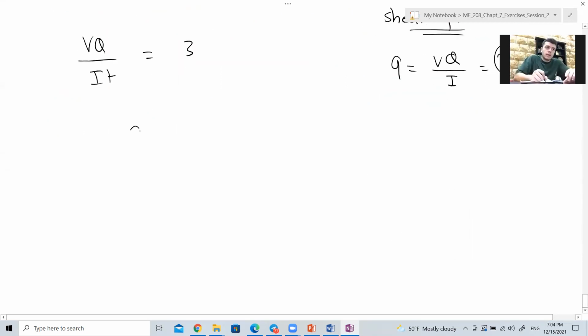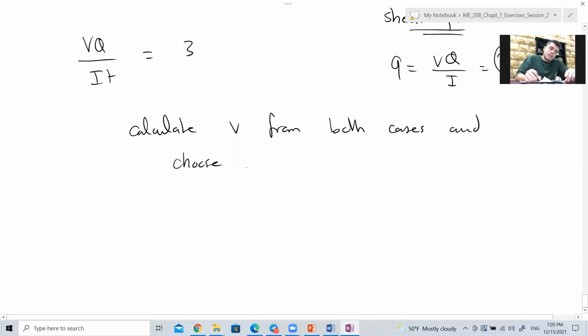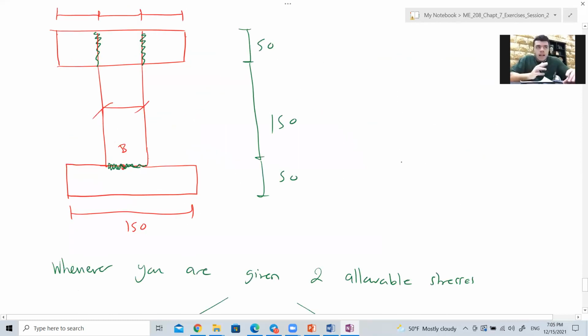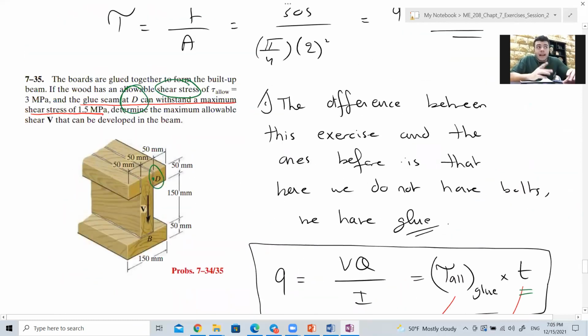And then so calculate V from both cases and choose the smaller one. لأنه هون أعطيك two allowable stresses. أعطيك allowable stress in the wood وأعطيك allowable stress in the glue.